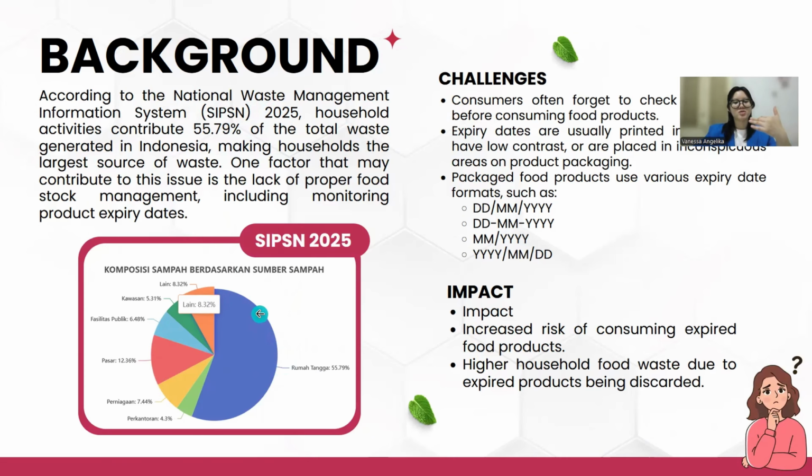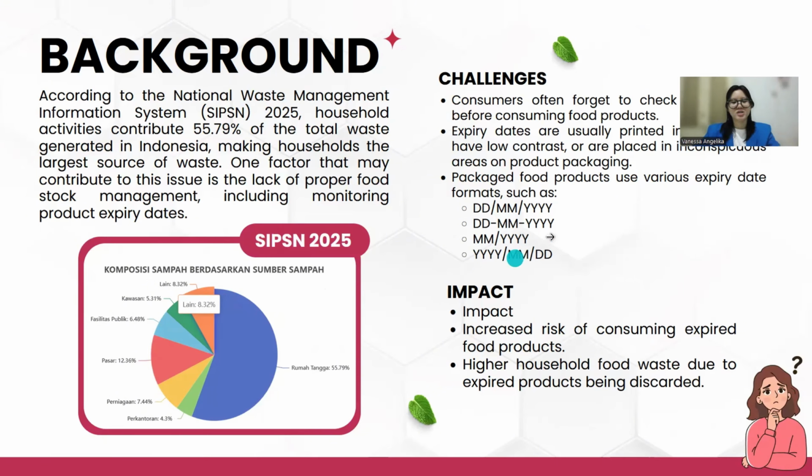One possible contributing factor is poor food stock management, as consumers often forget to check their products' expiry dates before consuming packaged food products. So the products become food waste.